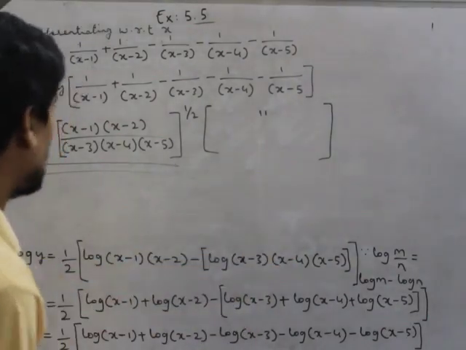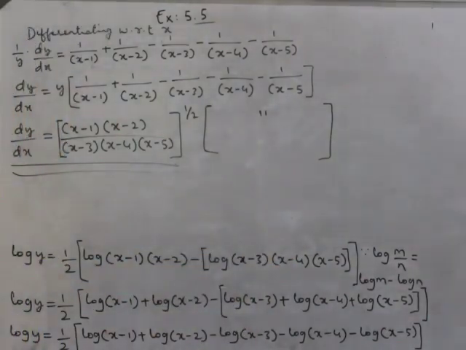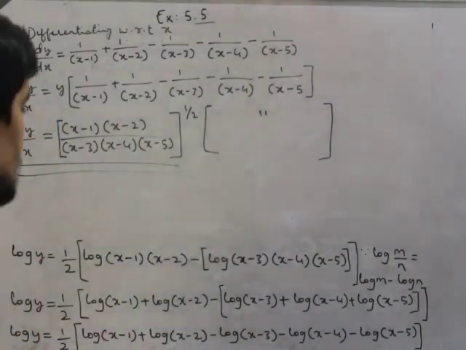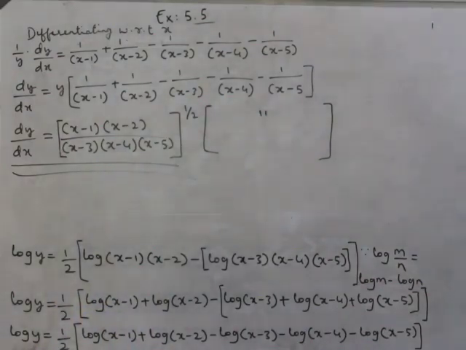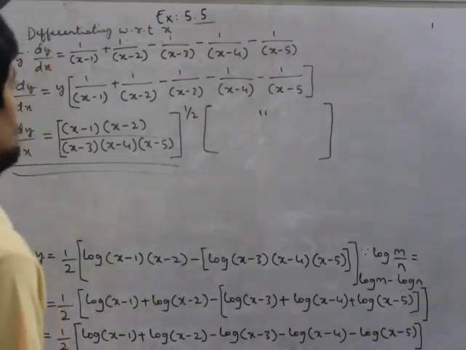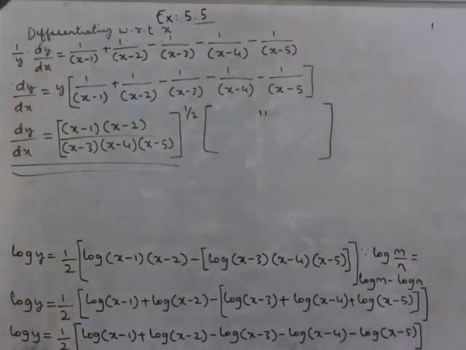So in the first two problems, what we have done, we have used the chain rule, because those were composite functions. Mostly your logarithmic differentiation will have a composite function, because once you apply the log to any function, that function will become a composite function. It will become a function of a function. So to differentiate that, you have to use the chain rule.